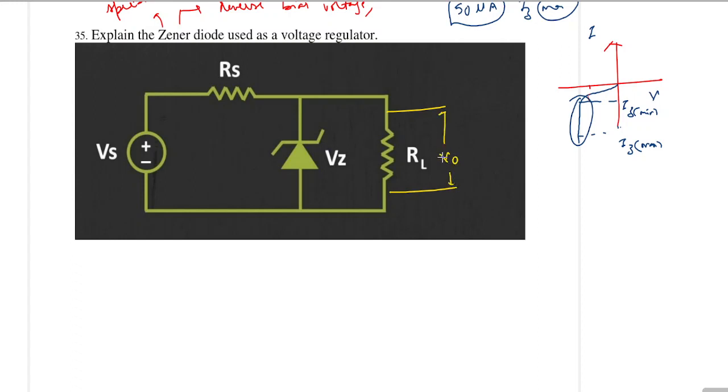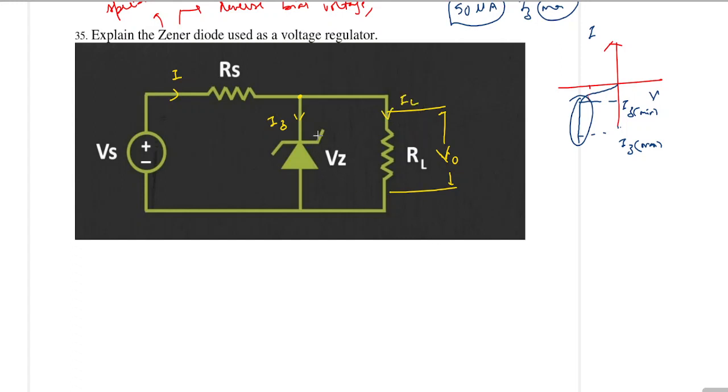Now ideally what we want is that the output V0 is always uniform, it should not fluctuate or change. Suppose a current I comes out of this power supply, then the current at this point finds two branches. A part of this current, IZ, goes here and a part, IL, goes here.